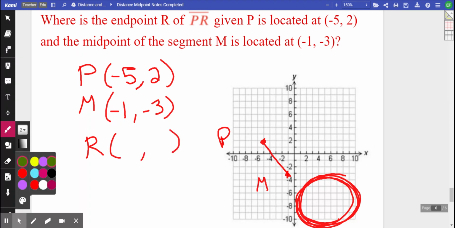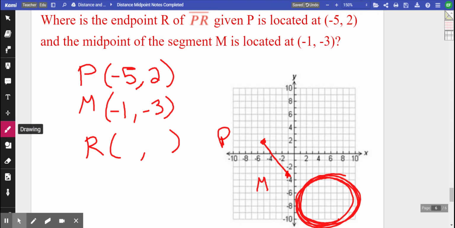If we look at just the x values, to get from P to M, the difference in the x values, we had to add 4. So if we add 4 again, from M to R, if we add 4 to -1, we get 3.